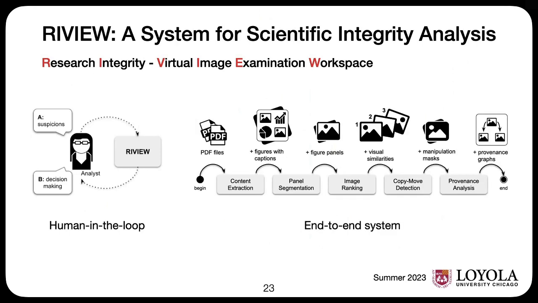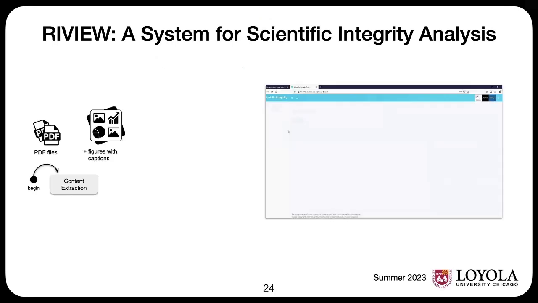And here are the five tasks that we implemented in the current version of the system. It's an end-to-end system that starts with the PDF files and ends with sets of evidence. I will now explain each one of these steps and what we did in each of them. The first one is what we call content extraction.